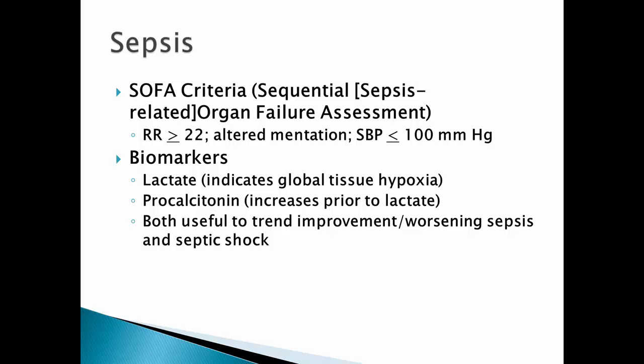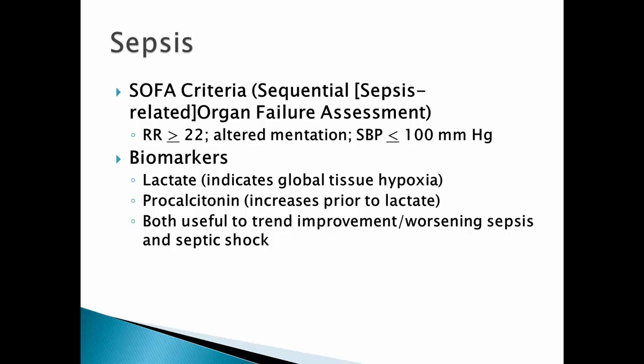The second biomarker that we are using, and again, this is newer than using lactate, is procalcitonin. Procalcitonin is a marker that increases prior to the lactate or the lactic acid going up. The procalcitonin has primarily been used in looking at individuals with COPD that have infections and using it to determine whether or not antibiotic therapy has been effective, because procalcitonin has been proven to be especially helpful in looking at bacterial infections.